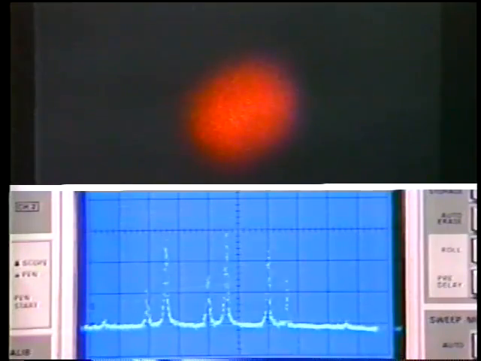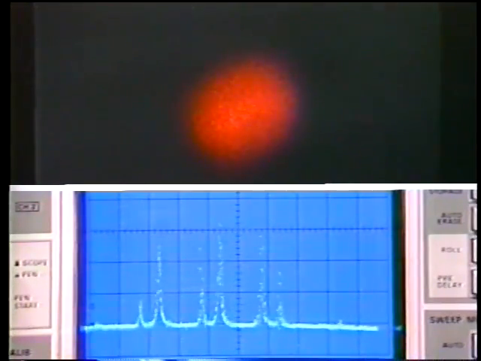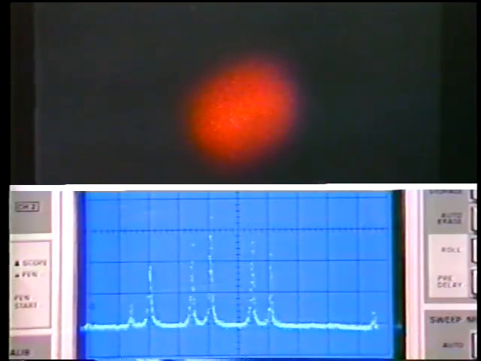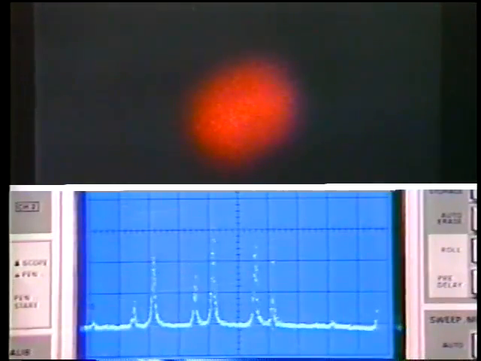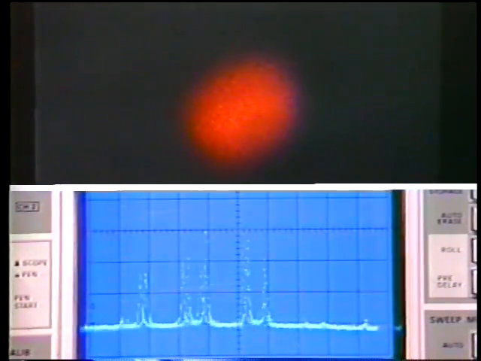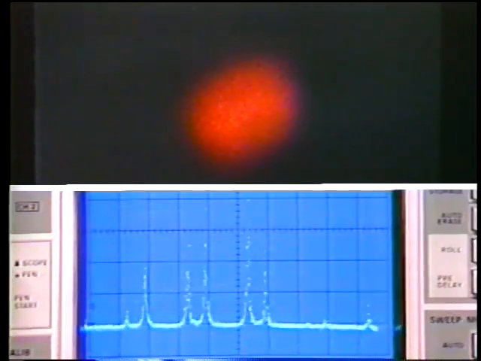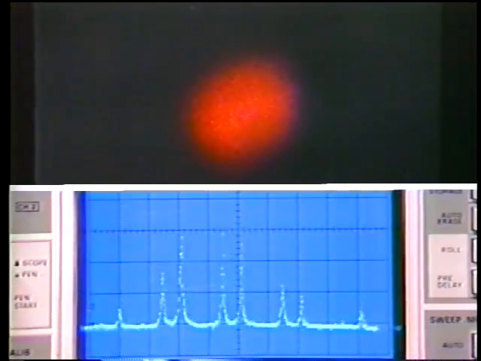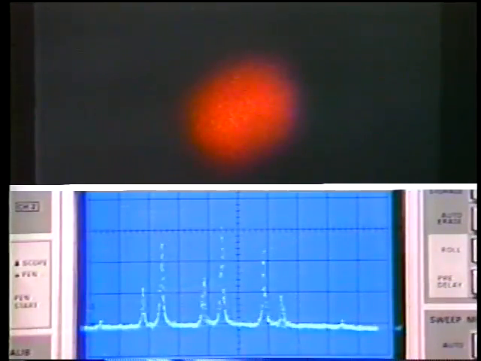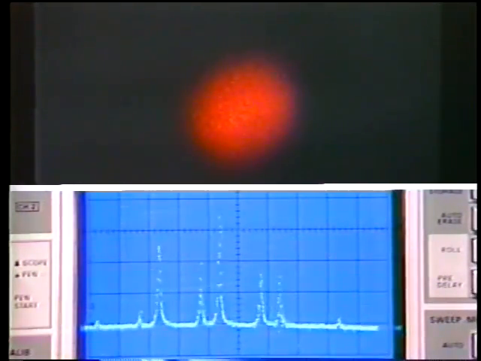Another example is a plane mirror cavity, where the frequencies of all transverse modes are degenerate, identical. But if you're not confocal and you're not plane, then you can expect transverse modes all over the place.